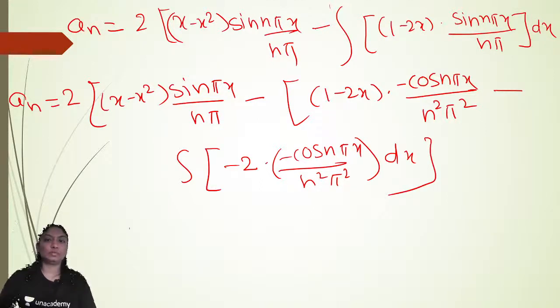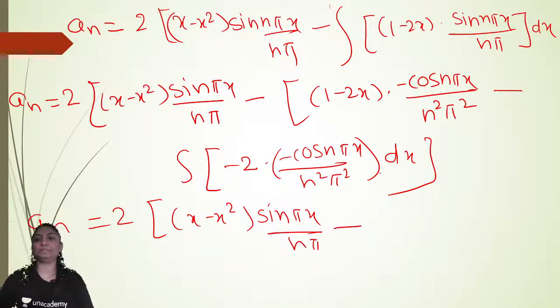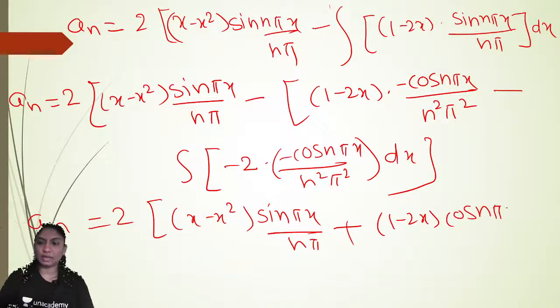Okay, so we will get an is equal to 2 into bracket x minus x square sine n pi x by n pi minus, now this minus sign and this minus sign becomes plus, into 1 minus 2x into cos n pi x by n square pi square. Now this minus sign and this minus sign again becomes plus, and this minus and this minus again becomes plus, and integration of 2 into cos n pi x by n square pi square.